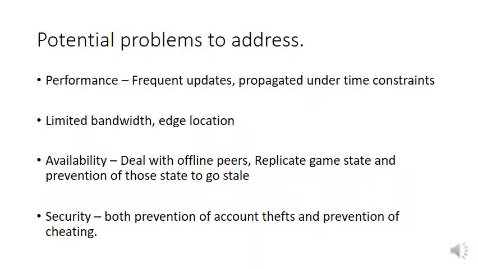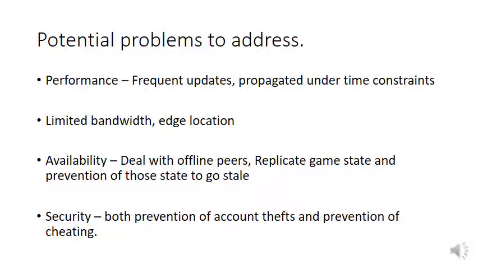So the most basic problems that have been outlined in the paper are the performance, the availability, and the security. Performance just means that some updates have to be done within time constraints. By that I mean if you're swinging a sword, then it needs to be real time.